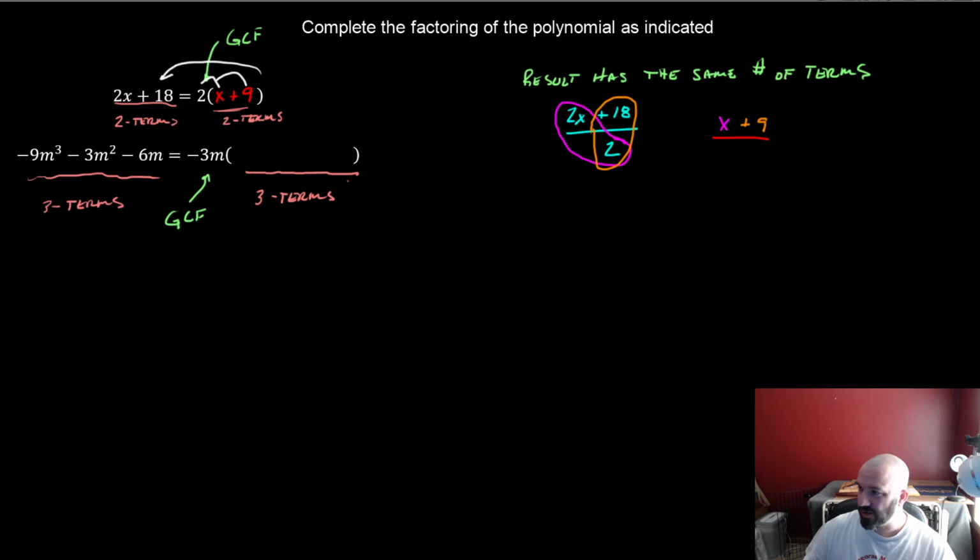All right, so this next one. I'll make this one a little bit neater, I think. Okay, so the general rule, if the lead, that leading coefficient, this guy right here, is negative, factor out a negative.